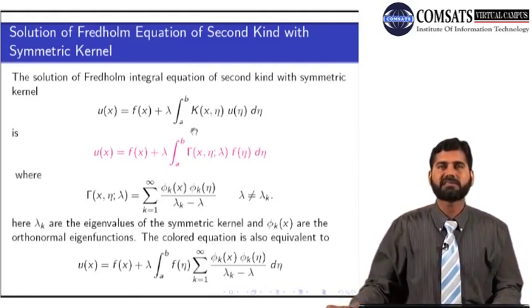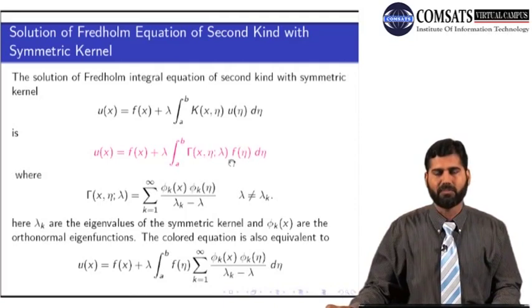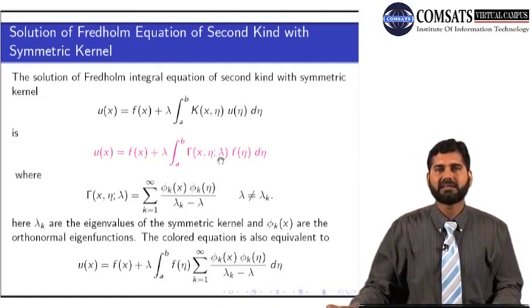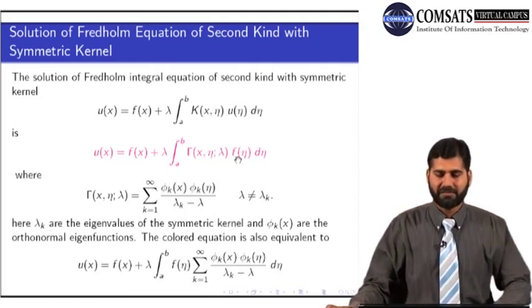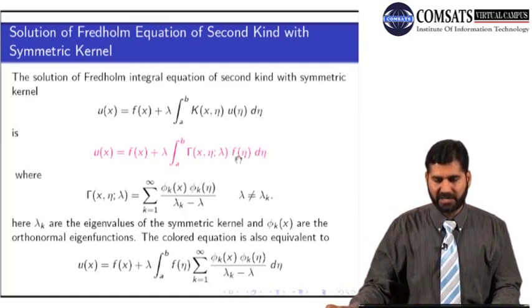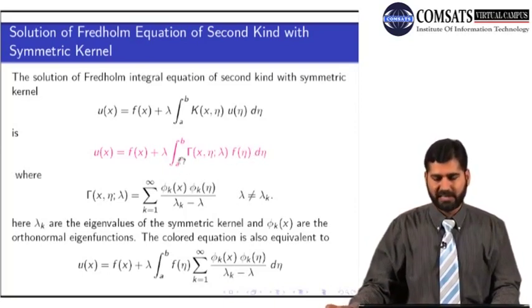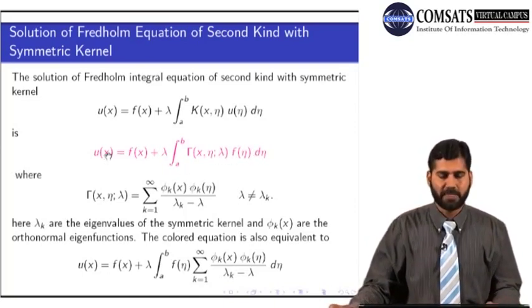This is the equation we considered in the last lecture, and then we went on to get the solution of this form, where gamma(x, eta, lambda) is the resolvent kernel, times f(eta) d eta. Now you see on the right hand side you don't have any u(eta). Everything is known, so this is the solution.